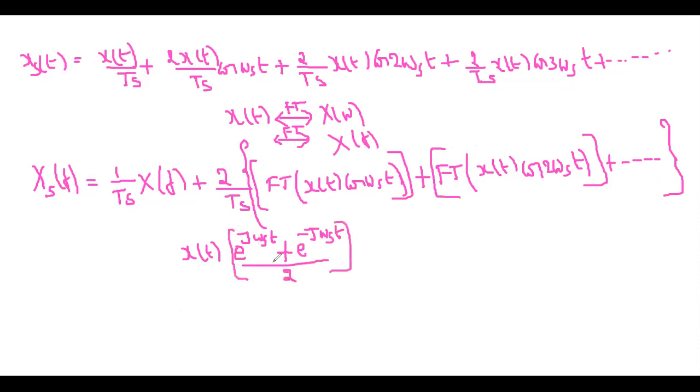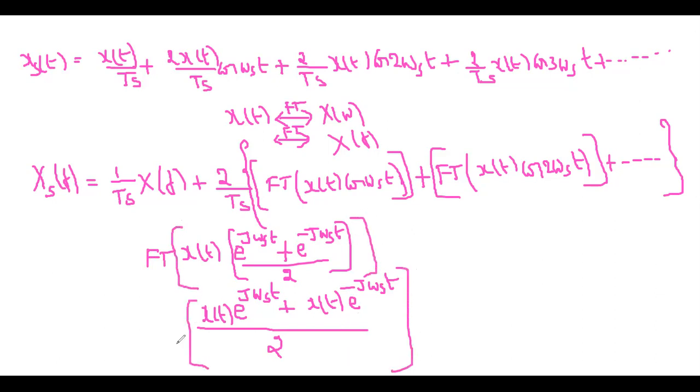The first one I am taking: x of t e power j omega s into t plus x of t e power minus j omega s into t, whole divided by 2. Now I am finding the Fourier transformation of this signal.